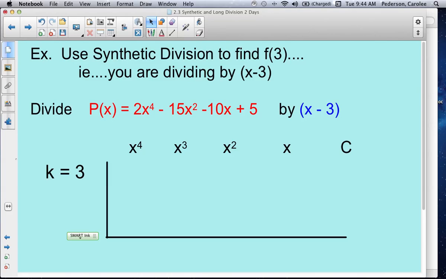So if they ask you in your homework to evaluate the function for f of something, you can use synthetic division to do that. Whatever your remainder is, that is the value for that evaluation.